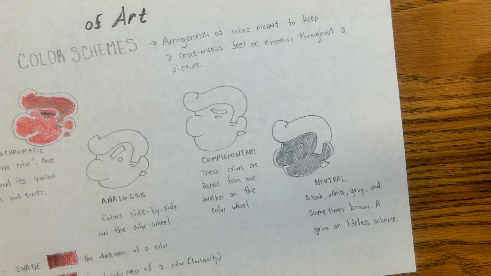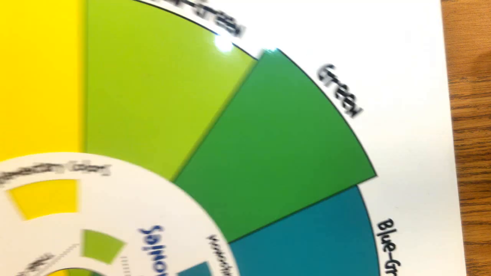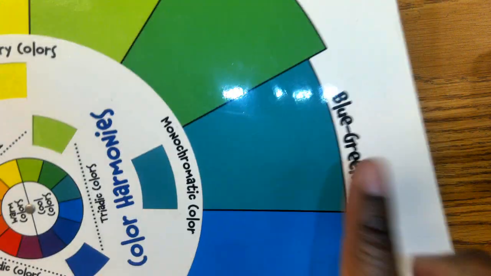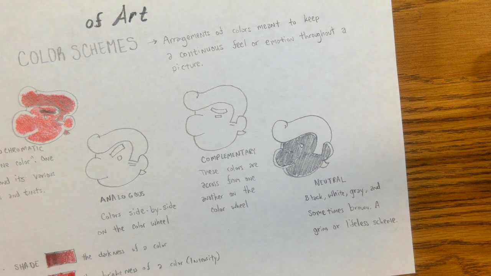Okay, analogous. Analogous are colors that are side by side on the color wheel. So, bringing that back out, any color that is just on the left or right of it works just fine. So for my example, let's see. I think I'll go with green and yellow-green.